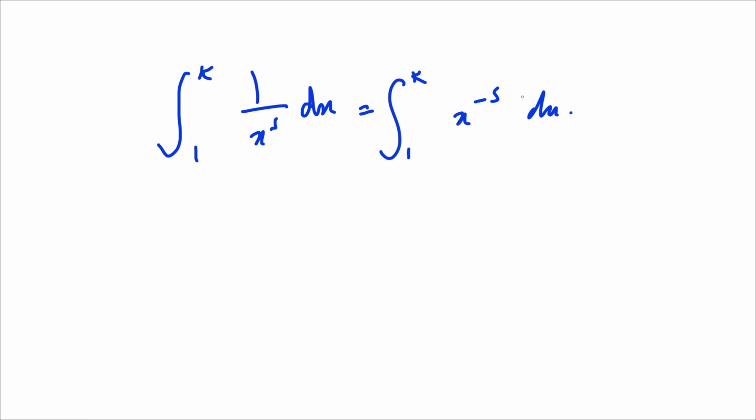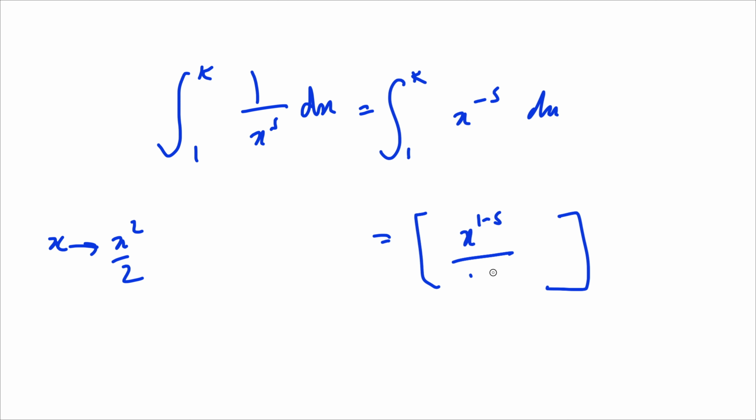And remember, to do the integral, we raise the power by 1 and then divide by the new power. Do you remember when x becomes x squared over 2? It's the same idea here. That becomes x, adding 1 to that, 1 minus s, over 1 minus s, from 1 to k.